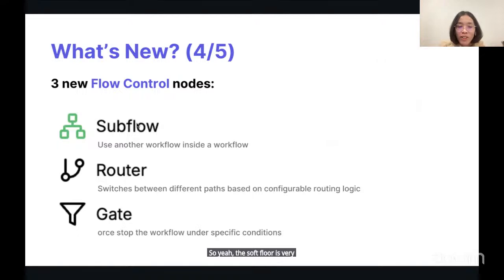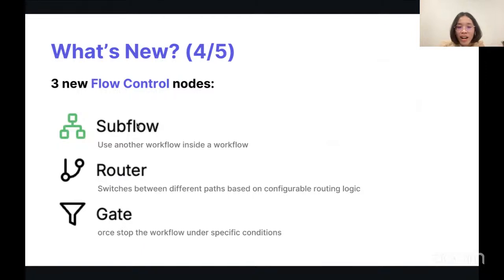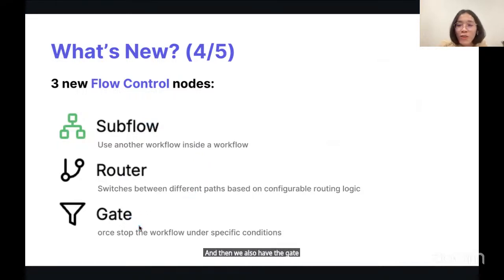And then the router is pretty straightforward. It's conditional logic, so you can define different paths, and you can have different ways to process the input based on some routing logic here. And then we also have the gate, which I already showed you in the first workflow.